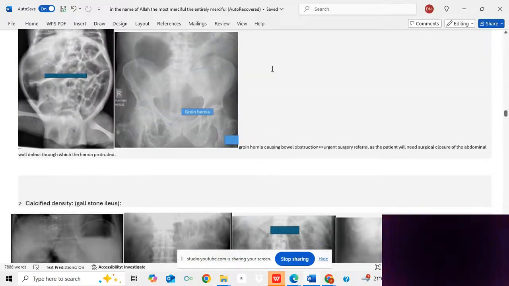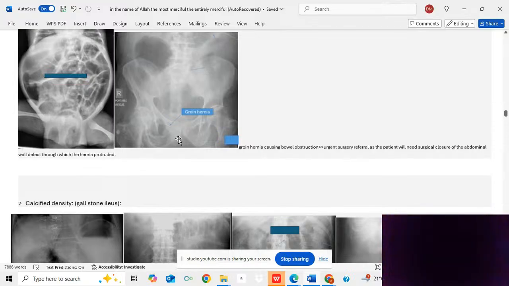So, sorry, this is a groin hernia causing bowel obstruction, so you need to urgently refer the patient to a surgical unit because this patient will likely need surgical closure of the abdominal wall defect through which the hernia has protruded.